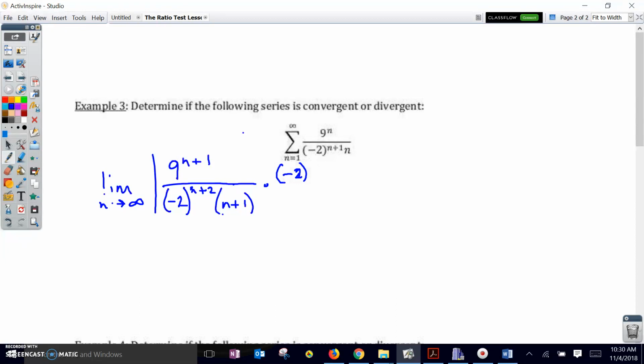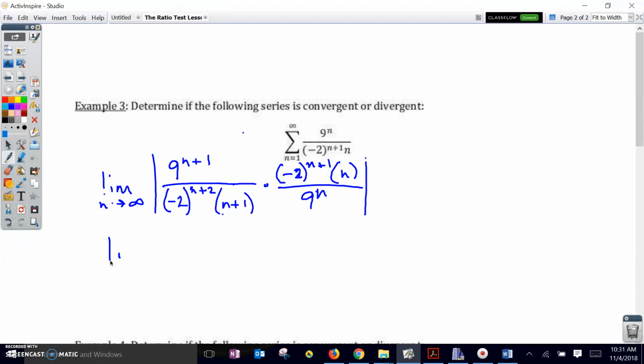It's negative 2 to the n plus 1 times n, all over 9 to the n plus 1. No, 9 to the n, pardon me. Got a little bit ahead of myself there.